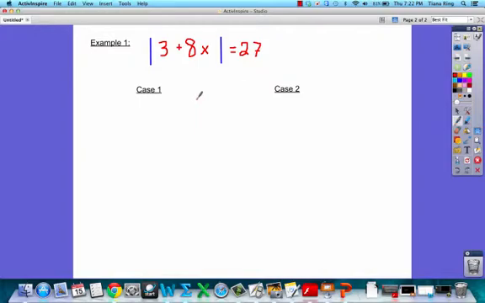Okay, so for our first real example, we have the absolute value of 3 plus 8x equals 27. So just like that previous section with the 7s, there's going to be two answers, so we want to set up two cases. First case is pretty much just this equation without the absolute value symbols, so we're going to be solving 3 plus 8x equals 27.